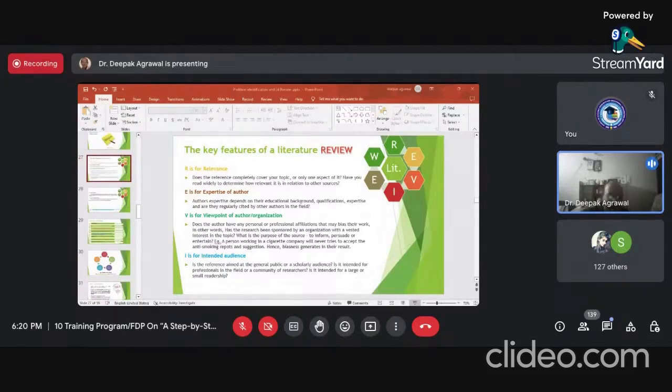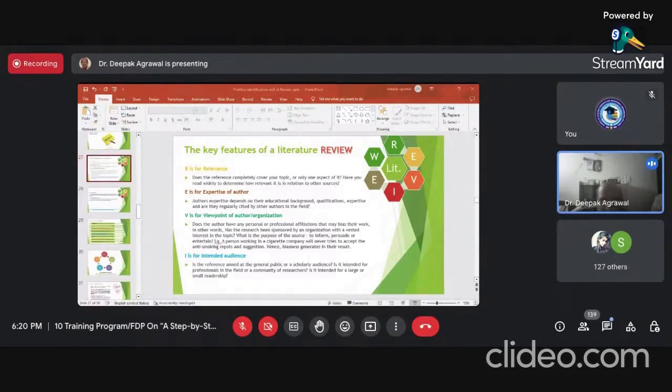If you find something meaningful to your work, you can get into the chapter. Otherwise, you can leave that paper and move to another paper. So whatever data you collect and read should be related to your research paper. Secondly, E stands for the expertise of the author.